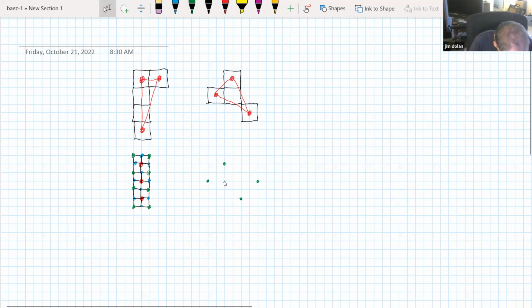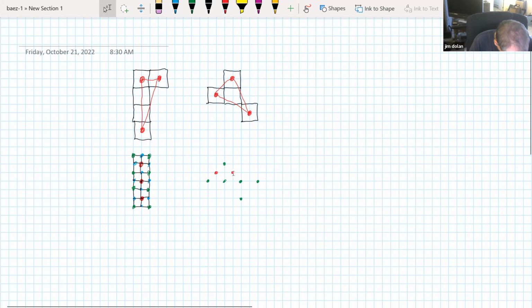Maybe I should have made those green. It really makes no difference, but I'll leave them as green for the moment. I'm having a lot of trouble making up my mind about the green-red duality here.